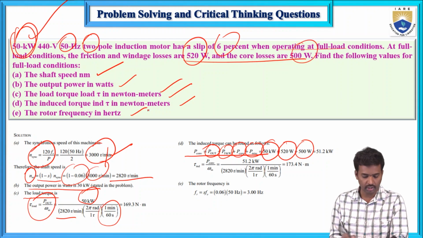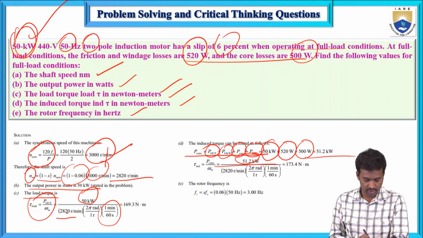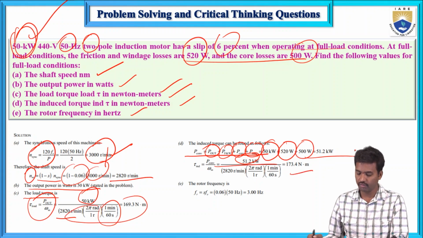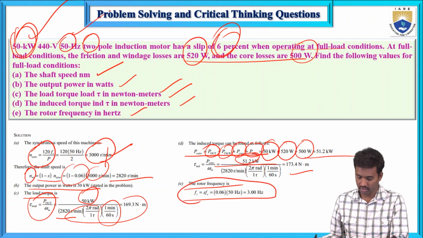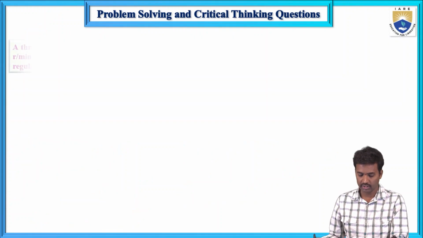So now here 512 is the conversion power, and the induced torque is 173.3. And next, the rotor frequency equals the slip value 0.06 times 50 hertz, and that value equals 3 hertz.